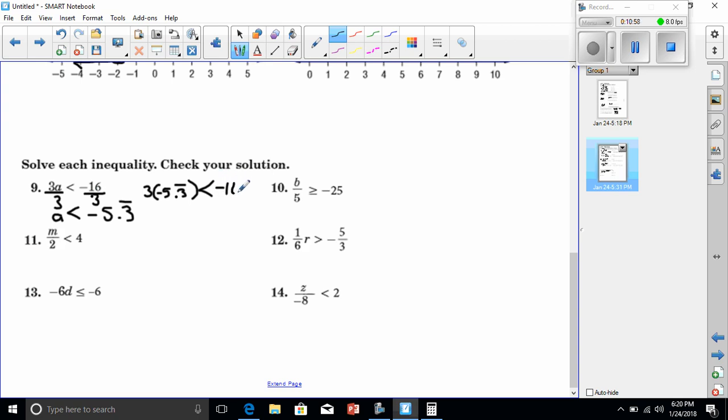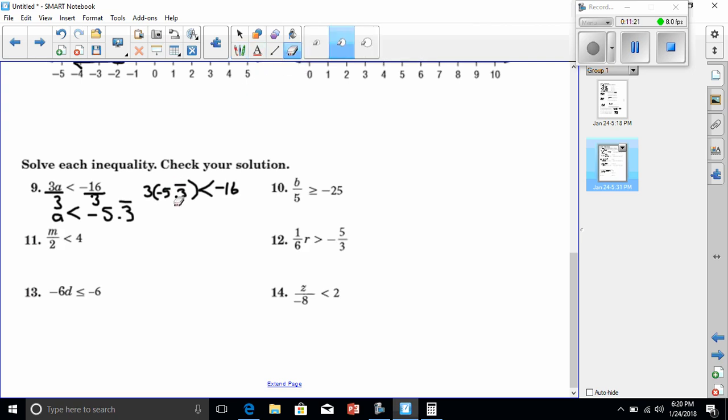Now here's the issue with this. Remember, this is what the number is. We have to come up with something that is less than this number. So we're just going to go ahead and put negative 5 here. Because negative 5, well, actually, no, that negative 5.3 repeating is actually less than negative 5. We'll have to go with negative 6.